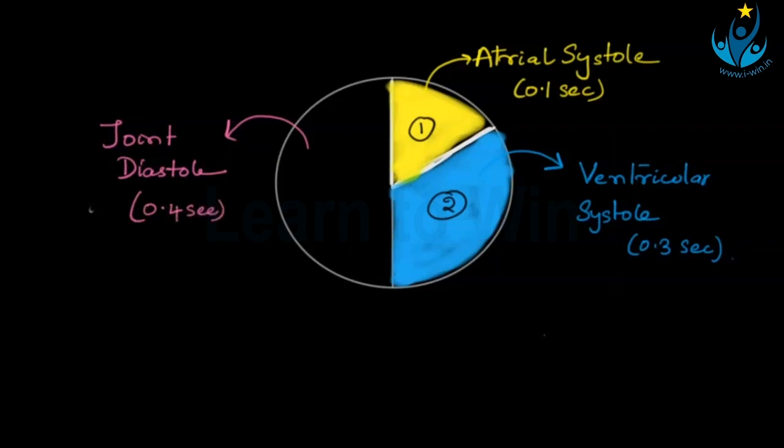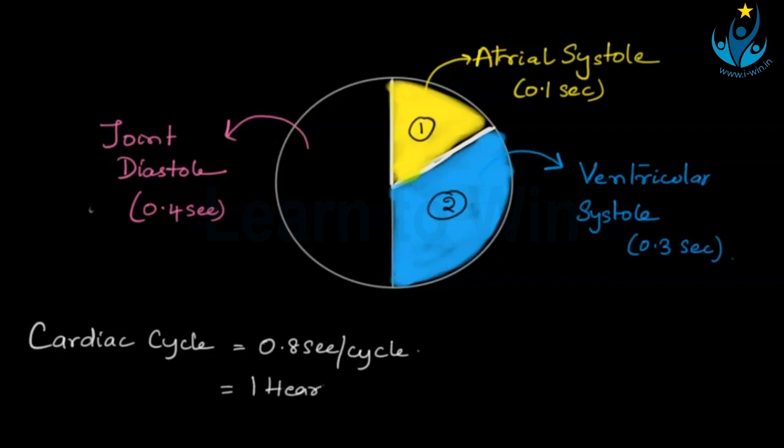So that means one cardiac cycle lasts for 0.8 seconds per cycle, which will give rise to one heartbeat.